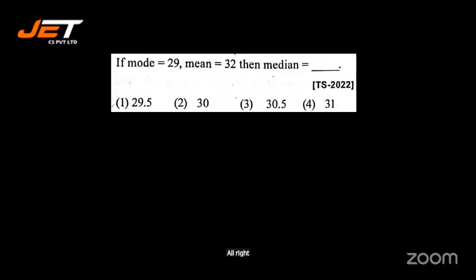All right. So let's look through the sum again. If mode is 29, mean is 32, then what is median? There's a formula for this.